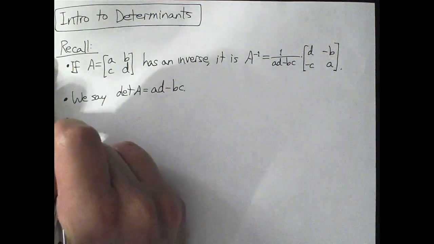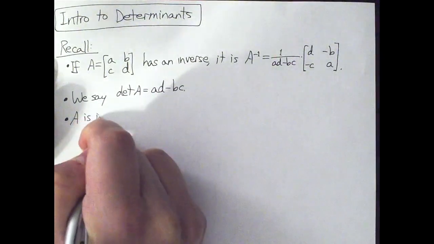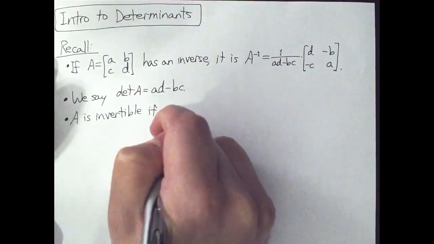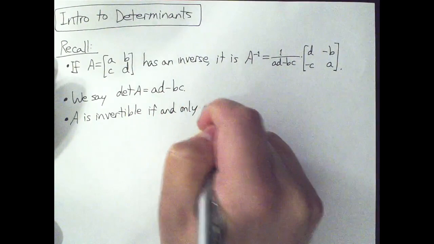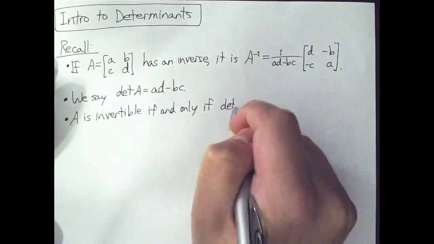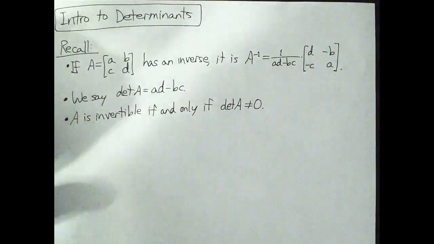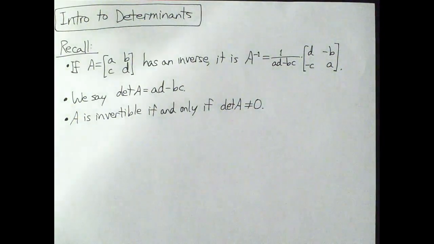So in fact, A is invertible if and only if the determinant of A is non-zero. Now, we can kind of tell that for the 2 by 2 case. And in fact, this sentence is going to be true for the general n by n case as well. But we just haven't figured out how to compute a determinant for larger cases. That's what we need to talk about.